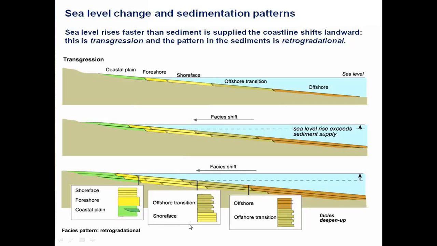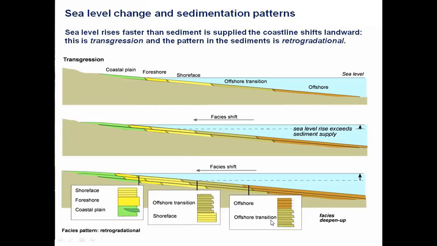Here you can see the shore face deposits, and there it is overlain by offshore transition deposits. And in the offshore area, offshore transition is ultimately overlain by deeper water offshore deposits.